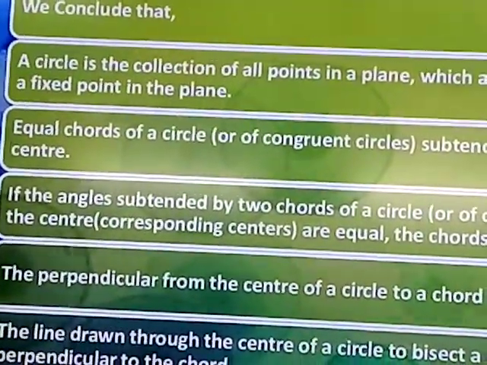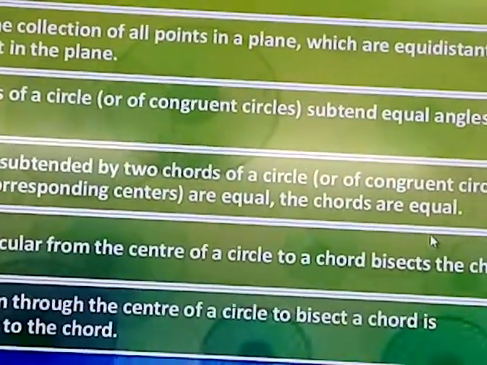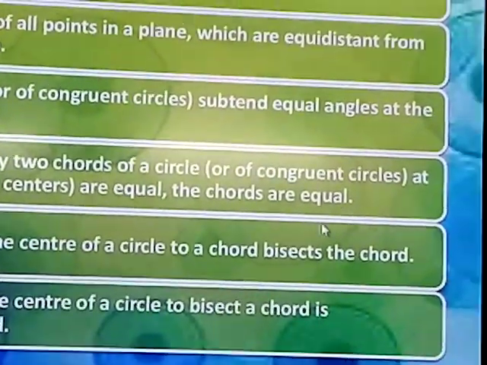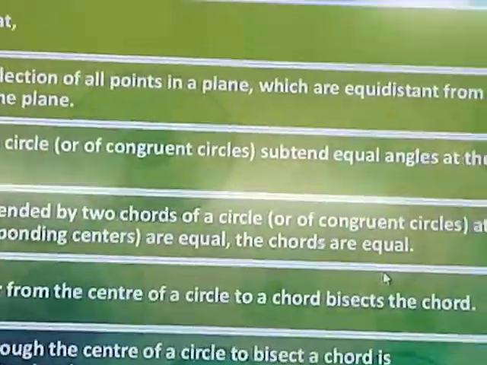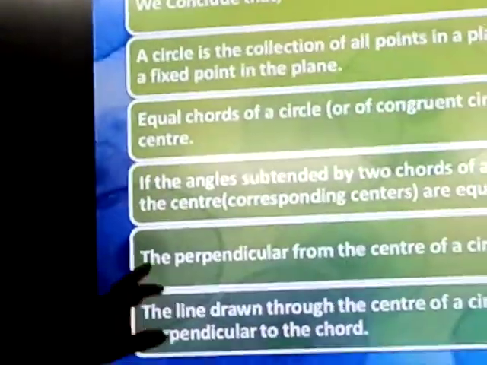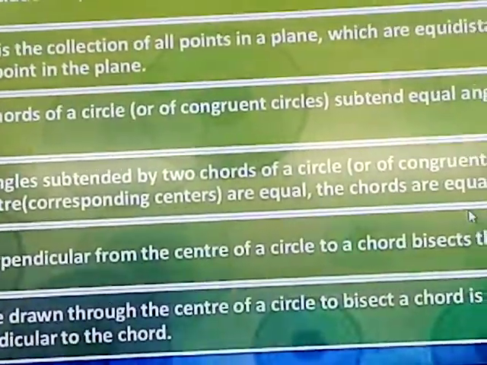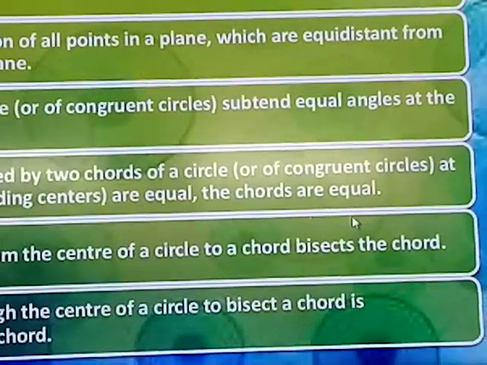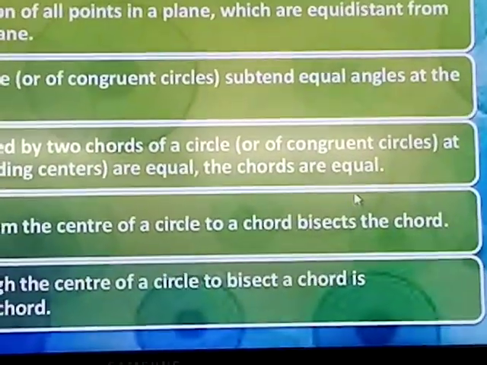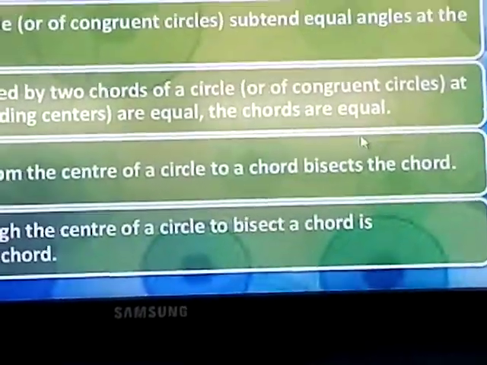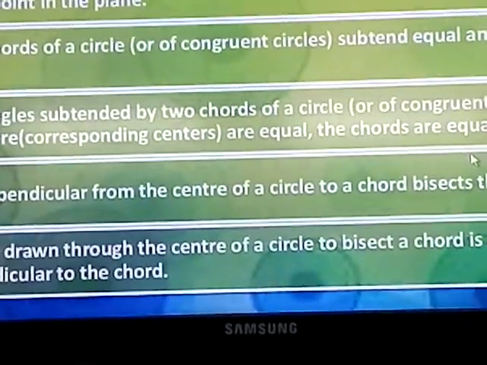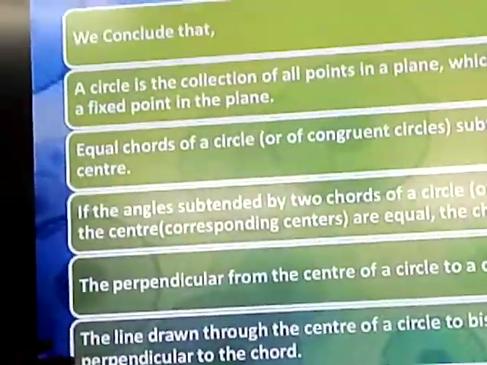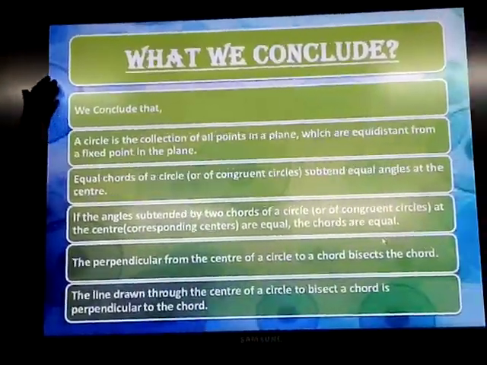If the angles subtended by 2 chords of a circle or congruent circles at the center are equal, the chords are equal. The perpendicular from the center of a circle to a chord bisects the chord. The line drawn through the center of a circle to bisect a chord is perpendicular to the chord. These are the main points which we have discussed in the topic.